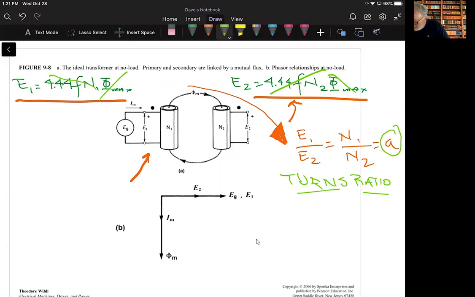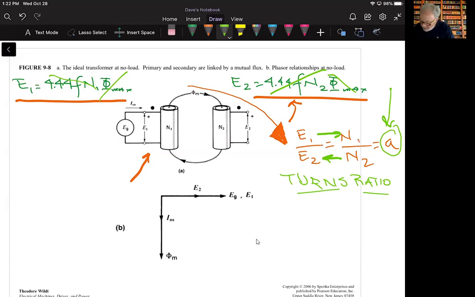Okay, so you can see the direct relationship between the numbers of turns and the voltage. E1 is the primary voltage, E2 is the secondary, primary turns, secondary turns, and then this one thing here that we will use very often in our designation of transformers.